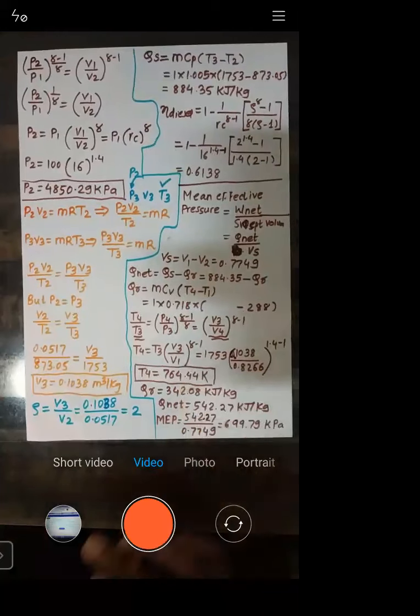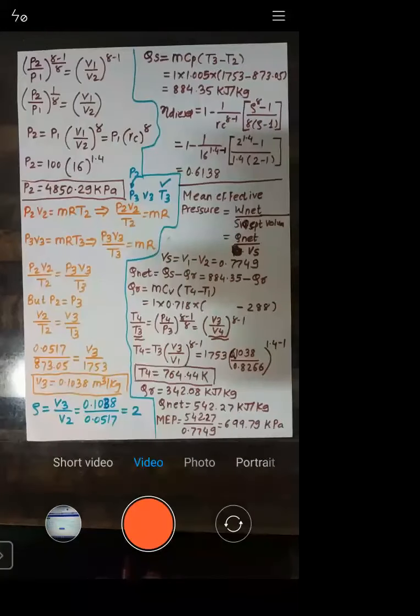The problem was quite lengthy if you compare it with the previous problem, because here everything was expected to be calculated. Is that okay with this one? Yes, sir.